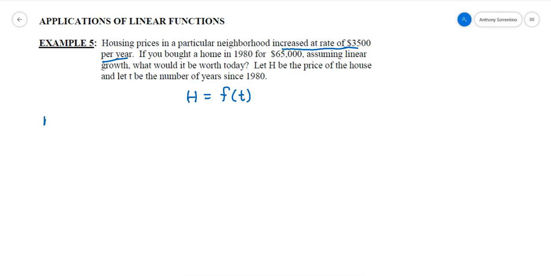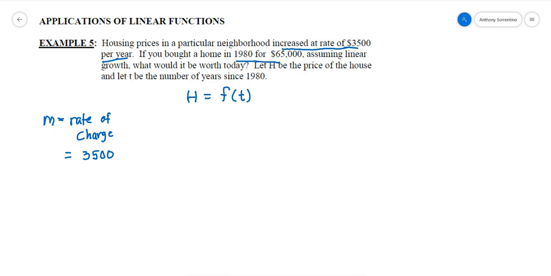One of the things we have to appreciate about a slope is that it's a rate of change. Usually we say it's a rate of change of y in terms of x, an increase of y per increase of x. Well, it could be an increase of dollars per year, where y is the dollars and x is the year, or in this case, H is the dollars and T is the year. So the rate of change is 3,500.